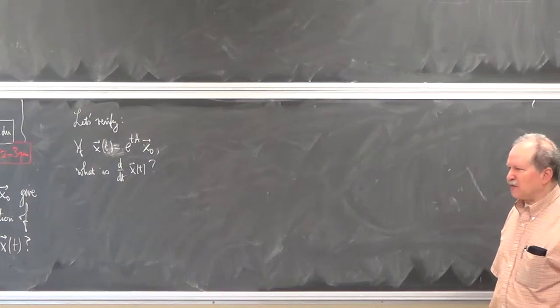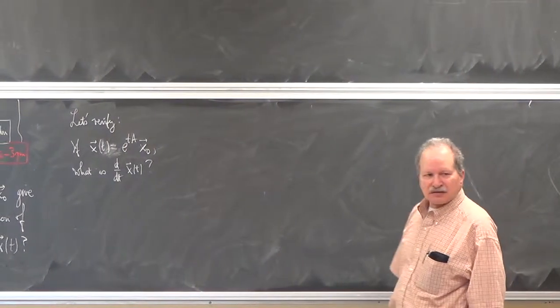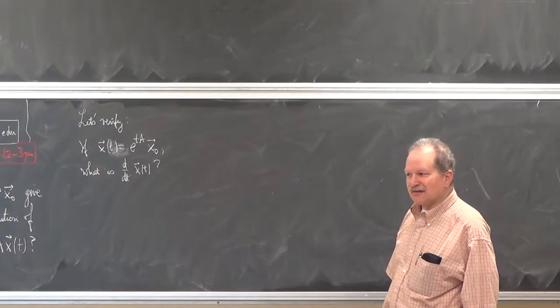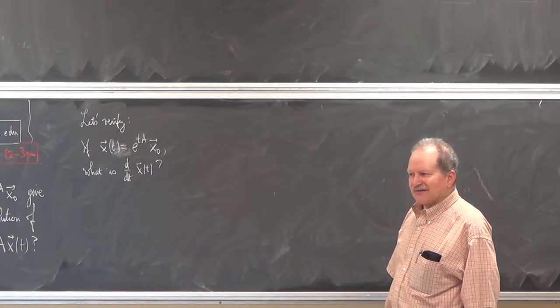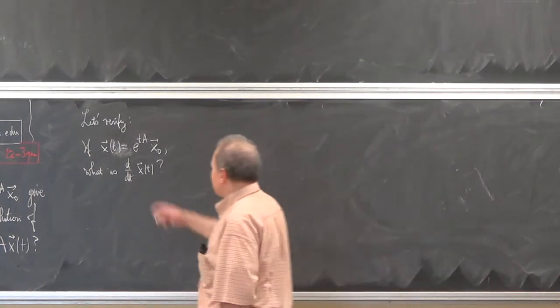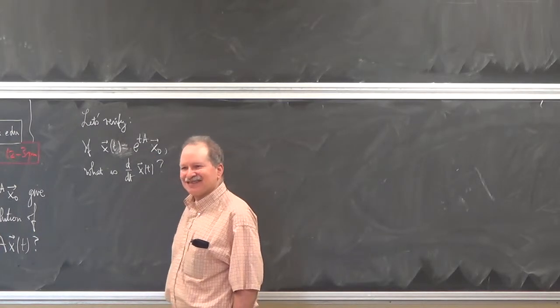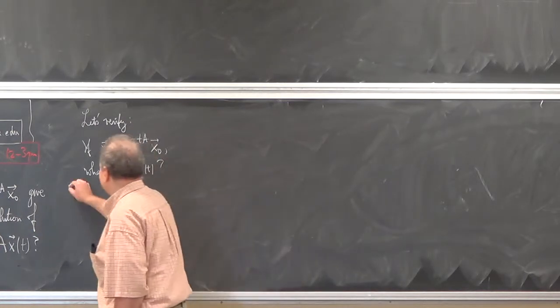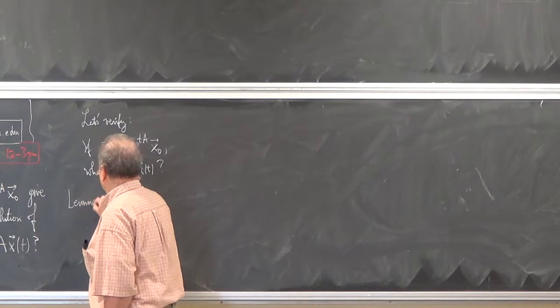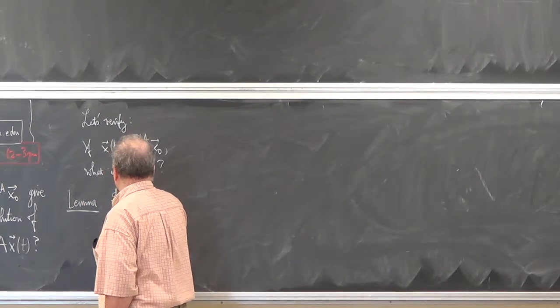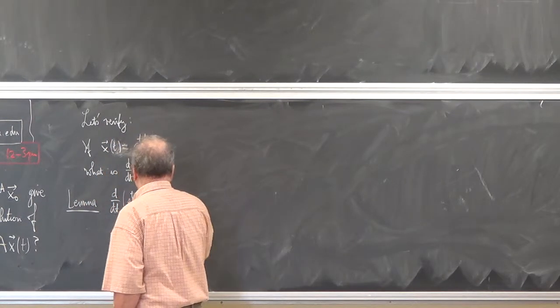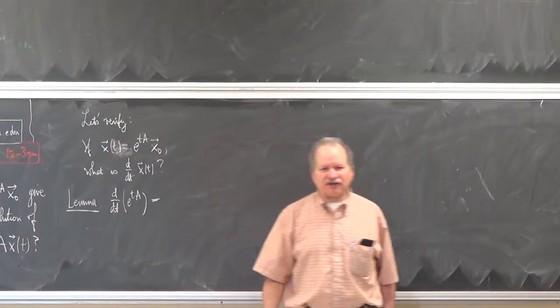To answer that, what have you got to figure out? Well, it's a matrix of functions, right? So the question is exactly what Cameron's saying. What do you think the derivative of e to the tA should be?